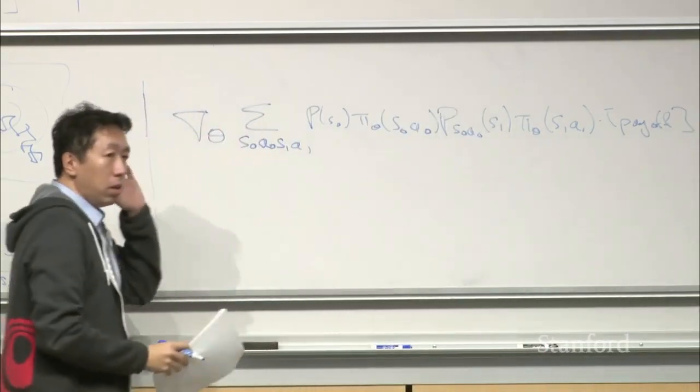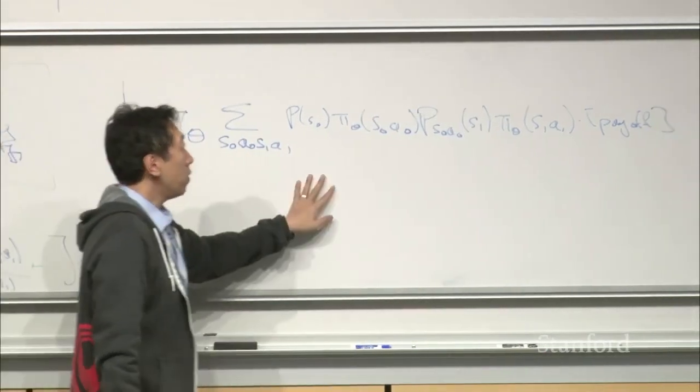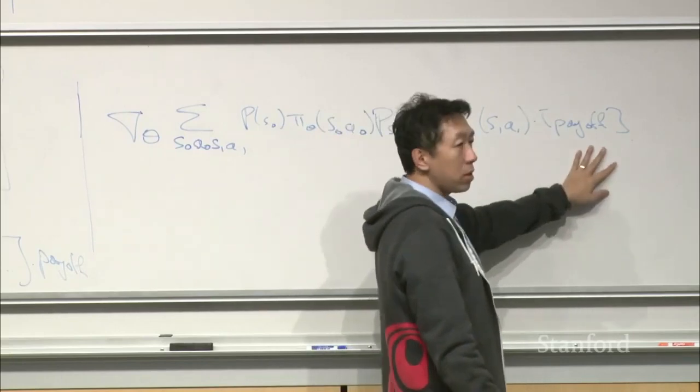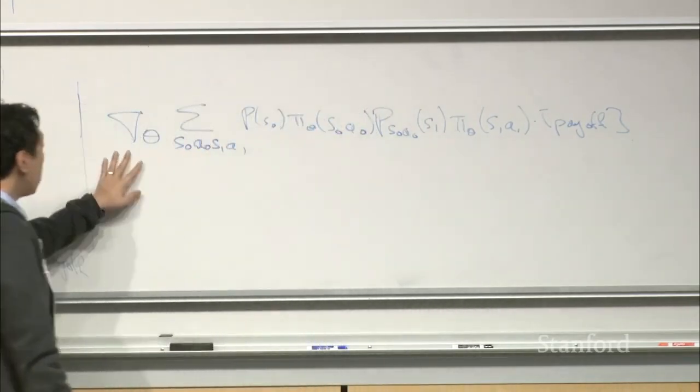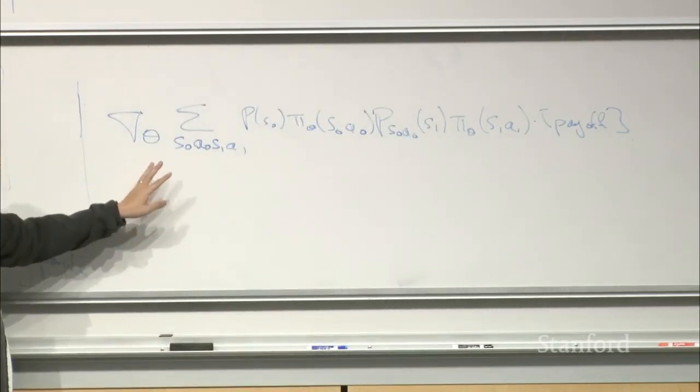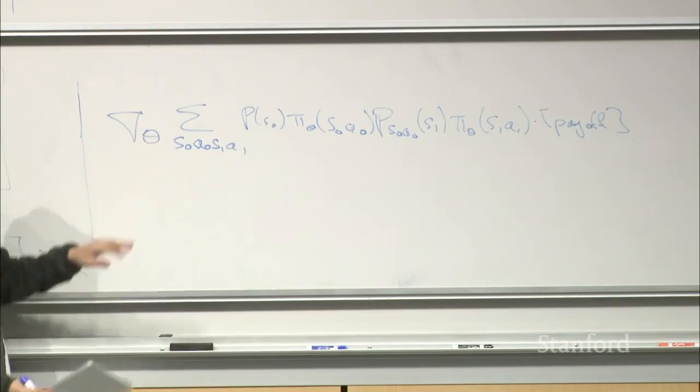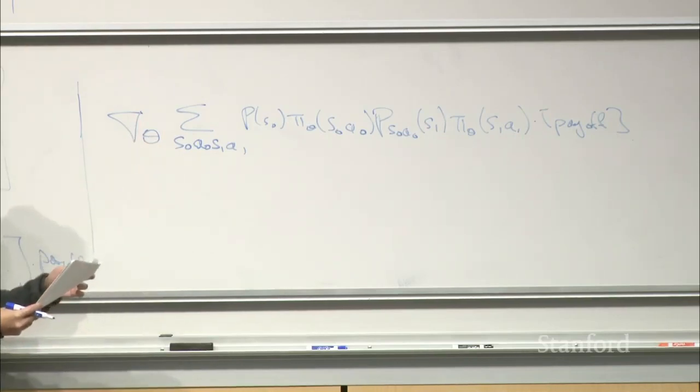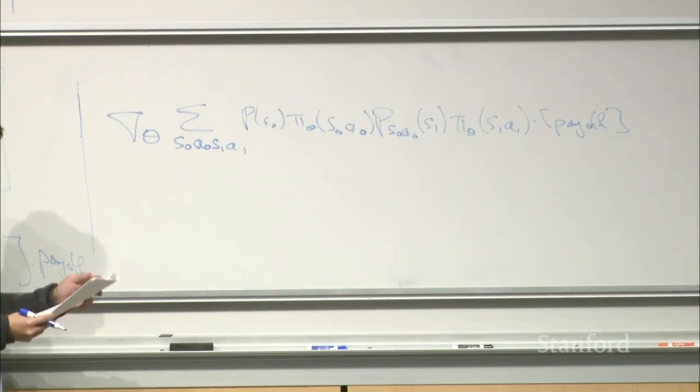So there's a chance of going through that state action sequence times the payoff. And so we want to take derivatives of this so we can go uphill using gradient ascent.